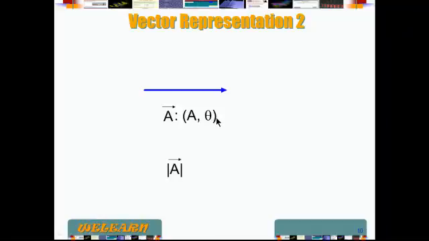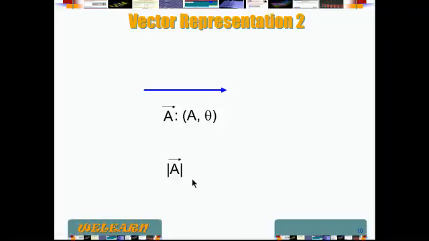By the way, so far I showed only vectors in 2 dimensions on a plane, where we have x-y axes. If we were to deal with vectors in 3 dimensions, which we will rarely do in this course, then instead of just one angle, we'll have to have 2 angles to give a complete description of the direction. Here for 2 dimensions, it's just one angle.